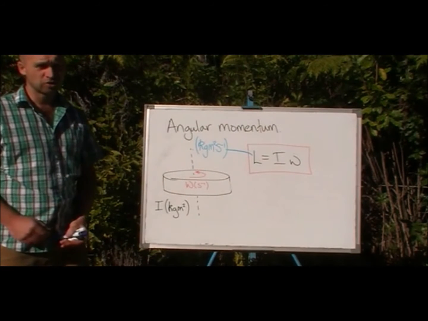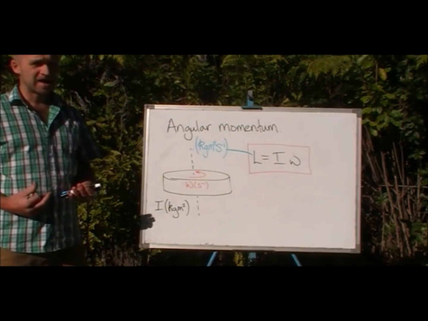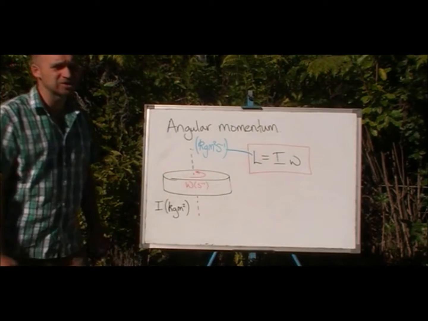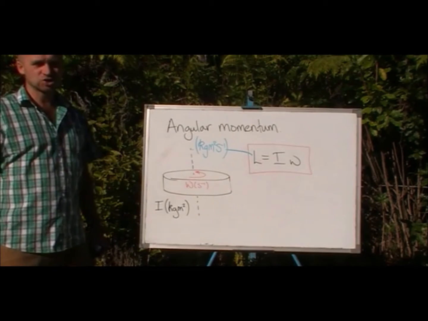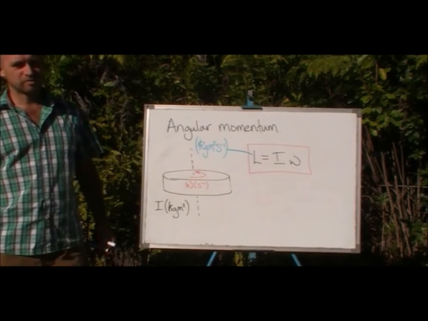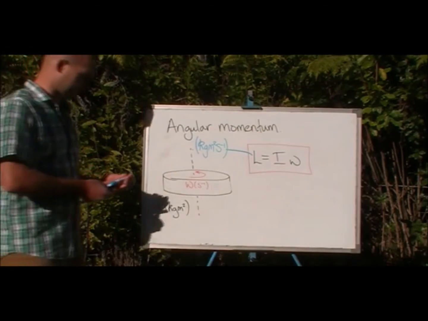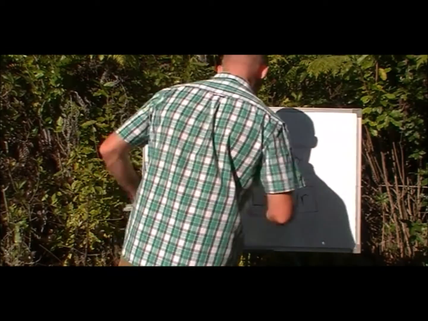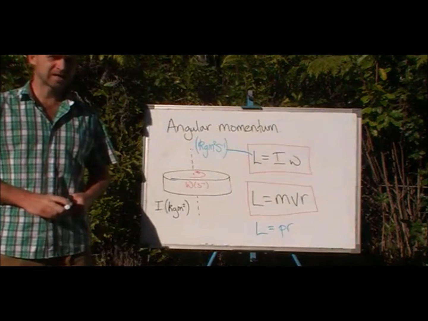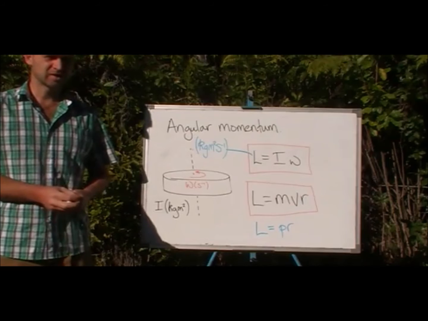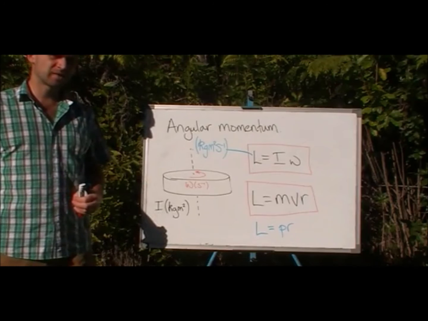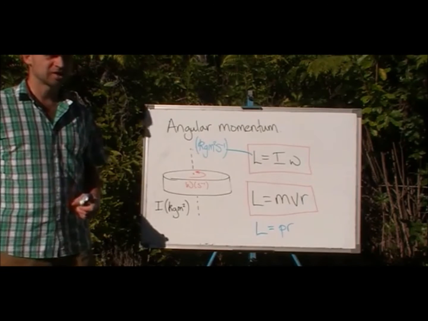You might spot on your formula sheet that there is one other ridiculous equation for angular momentum, which is very rarely used, but it does allow us, in the occasional situation where you might have to link linear momentum to angular momentum, to do that. So on your formula sheet, it says L equals mvr: mass of the body, times the speed it's going, times the radius it is from the point of rotation if it's to start rotating.